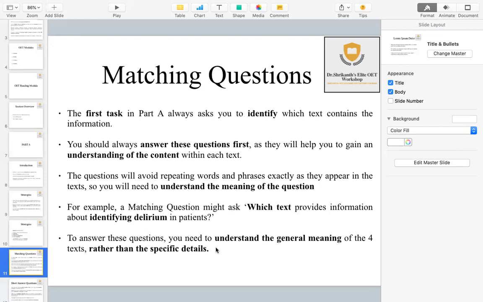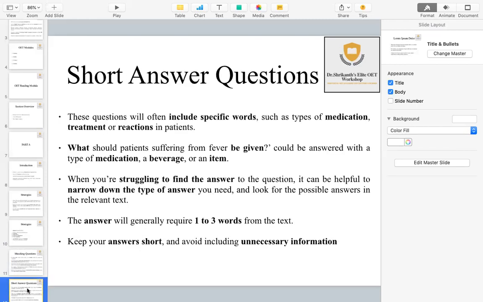So understand the concept, the core idea, the core purpose of each text, and then once you read the questions, you can directly get the correct answer. That is one strategy I can give you regarding matching questions.